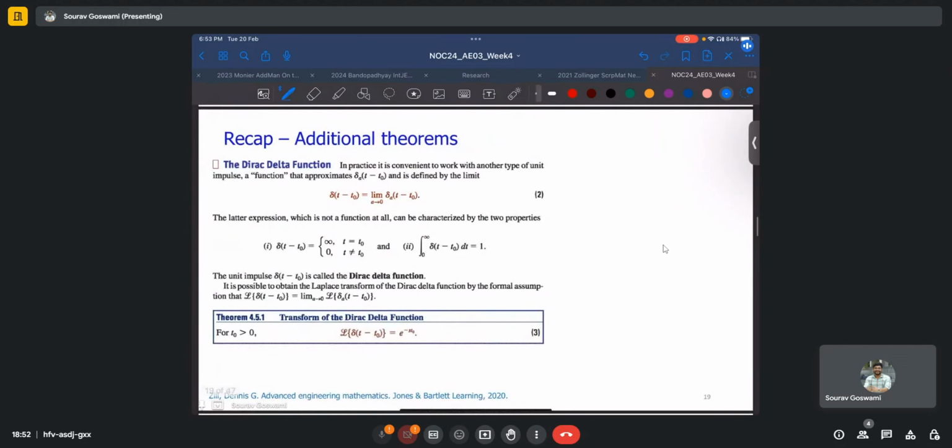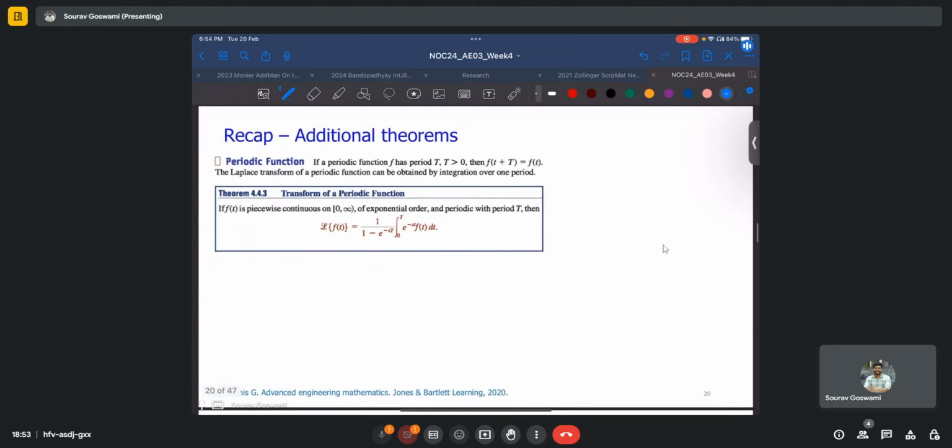And some additional theorems might come in handy. I did not see them in any of the assignments or the quizzes, but just in case you might end up encountering, say, the Dirac delta function or the Heaviside unit step function. The formula for the Laplace transform of the Dirac delta function, the transform of delta of t minus t naught, is e power minus s t naught.